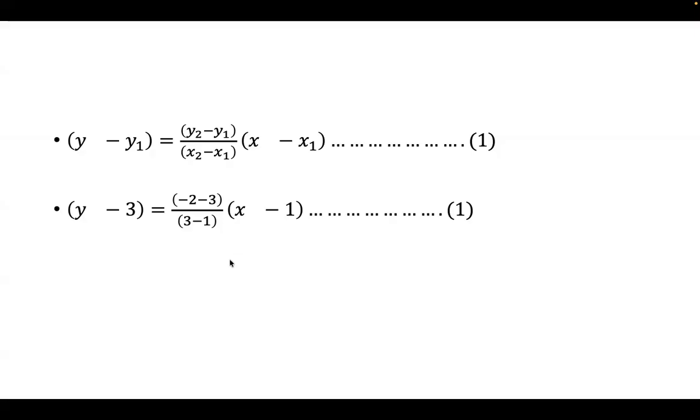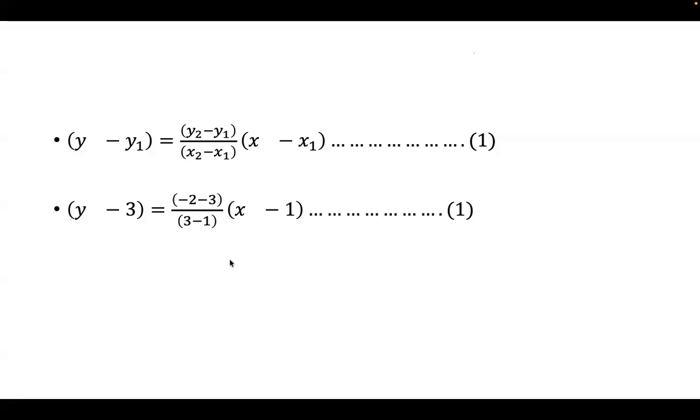So x minus 1 into bracket. Therefore, y minus 3 is equal to minus 2.5 times the bracket x minus 1.